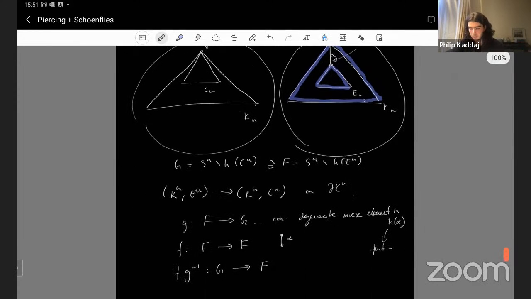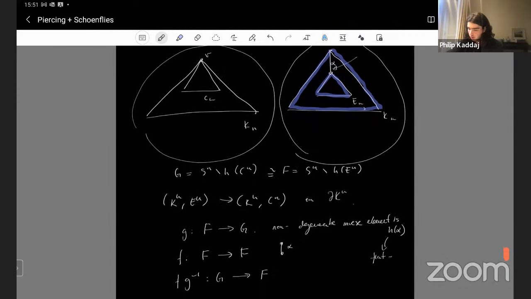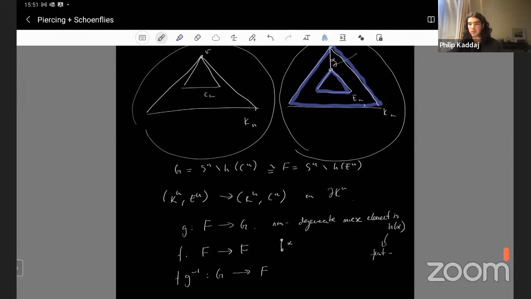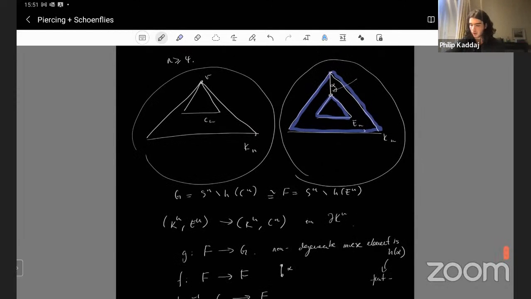I actually had a question about this. Firstly, does everyone agree with this proposition? I didn't understand the last step. Okay, so do you agree that alpha is flat?